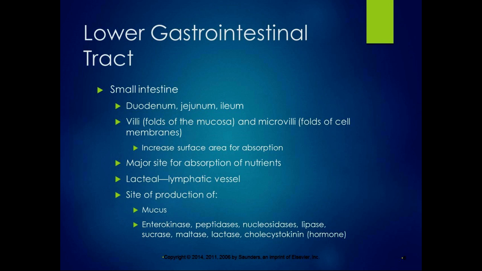The lower GI tract includes the small intestine, which is made up of the duodenum, the jejunum, and the ileum. Villi are the folds of mucosa, and microvilli are the folds of cell membranes that increase the surface area for absorption. So lots of surface area, lots of absorption. That is the major site for absorption of nutrients.